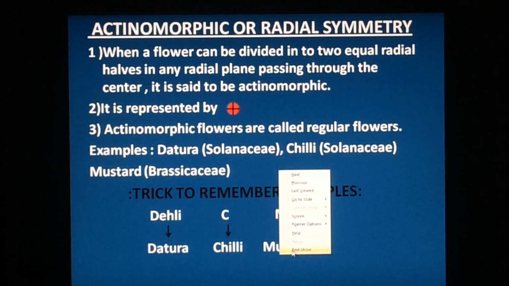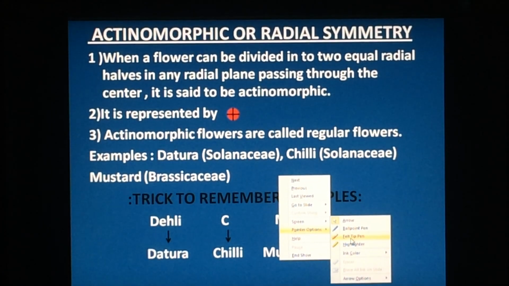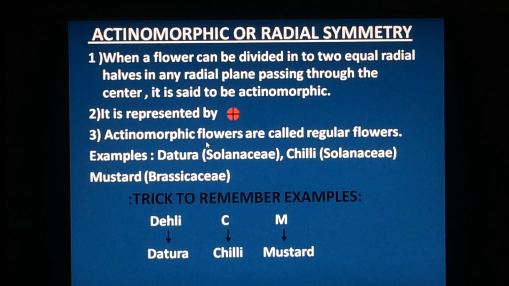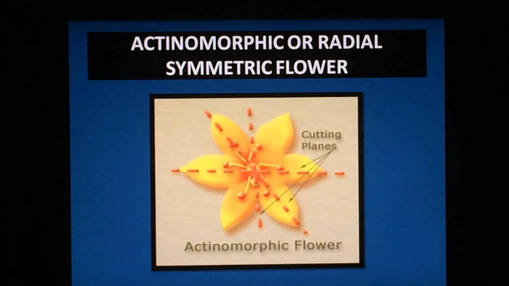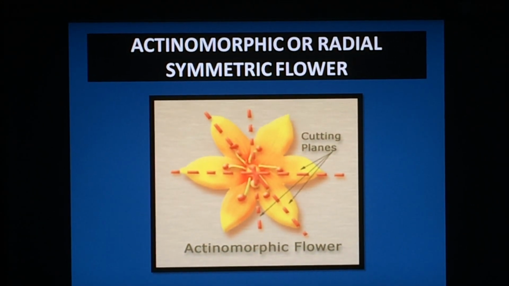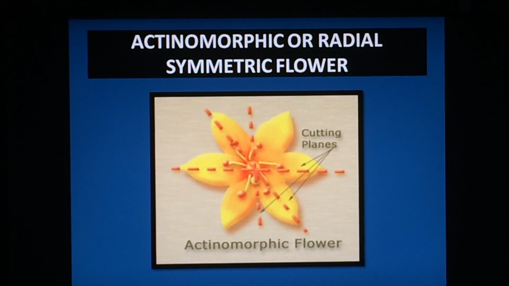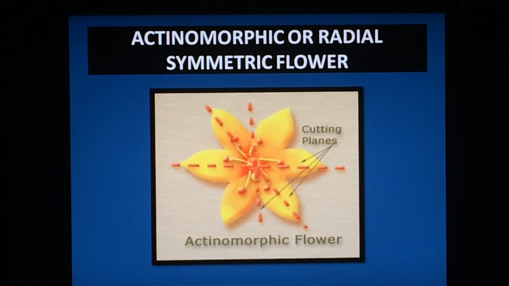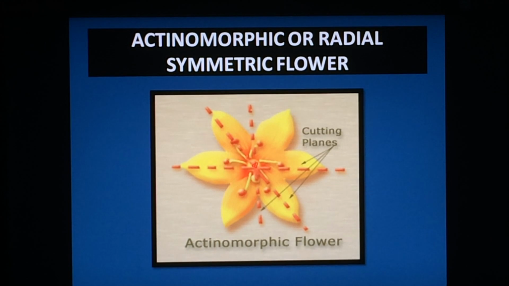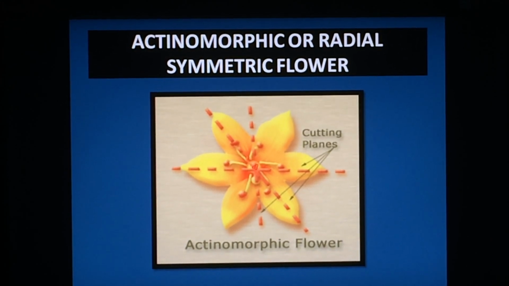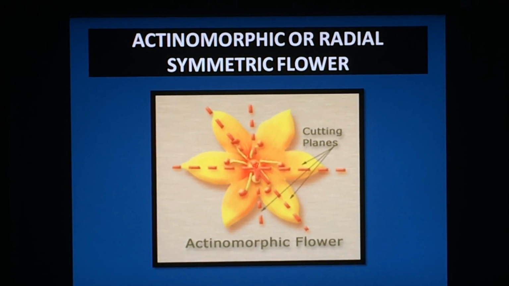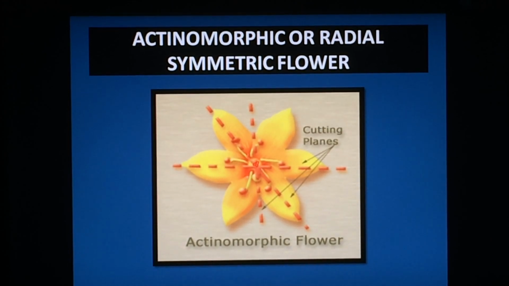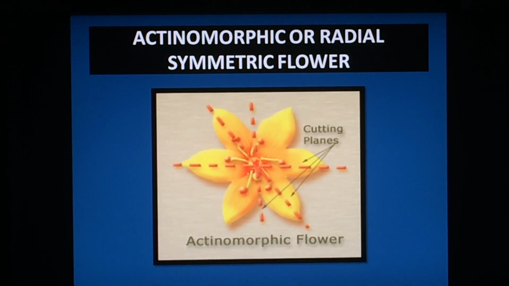What are radial symmetrical flowers? See, here one flower is there. This is the center. From any plane, vertically when you cut the flower, you will get two equal halves.